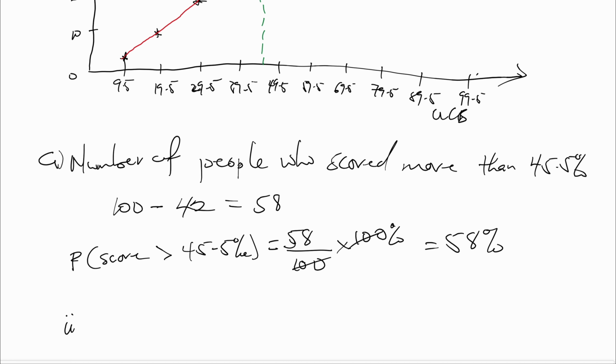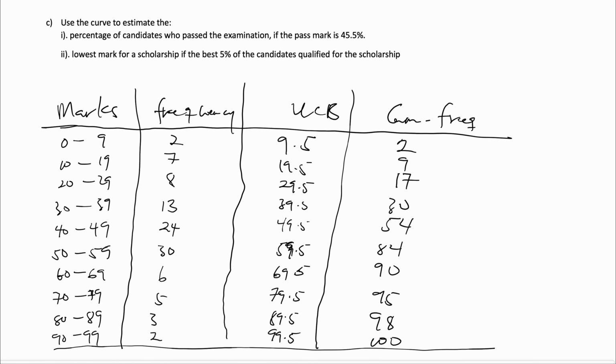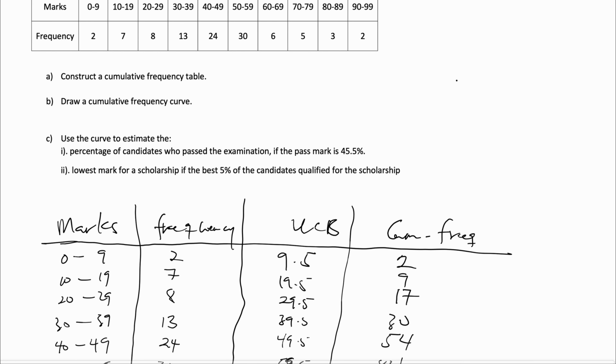Now CII. Use the curve to estimate the lowest mark for a scholarship if the best 5% of the candidates qualified for the scholarship. So it means 5% qualified for the scholarship and 95% did not qualify for the scholarship.